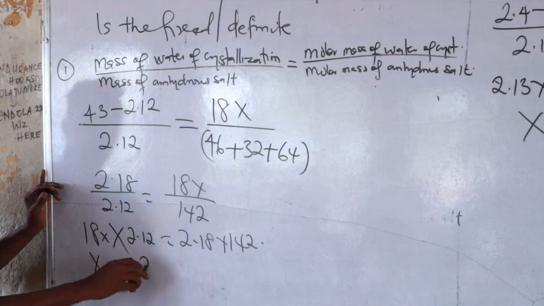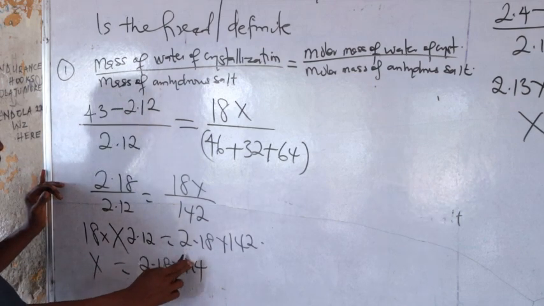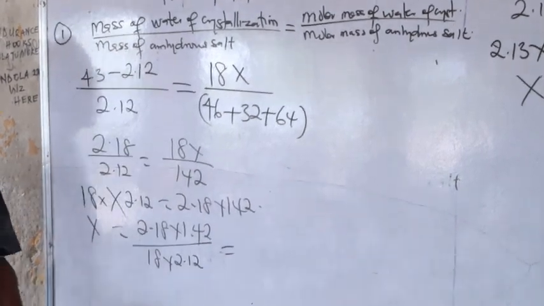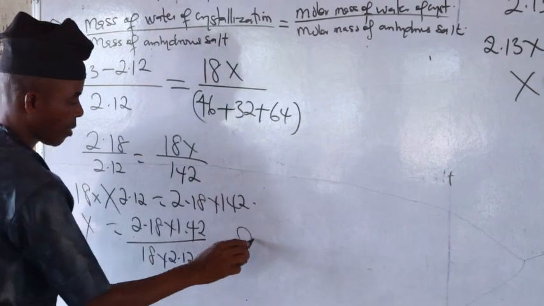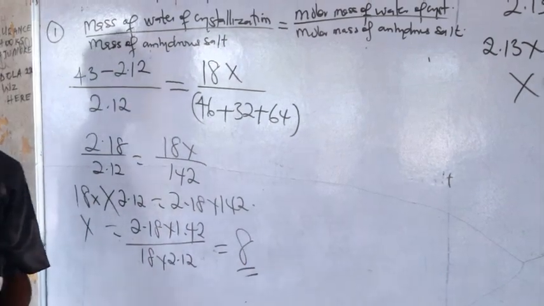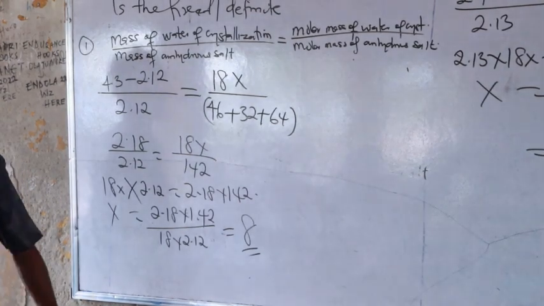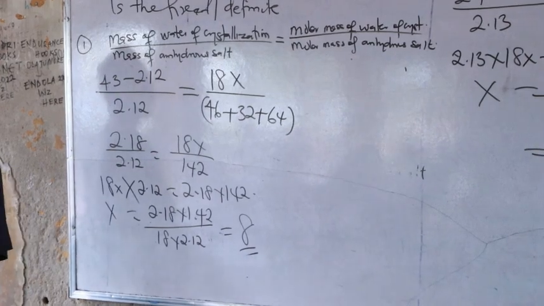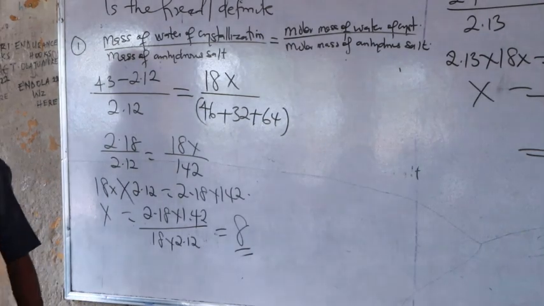Then x is equal to 2.18 times 142 over 18 times 2.12. If you press your calculator, what do you get for this? 8. Those of you that arrived at 7, where did you get it? And those that got 9, what happens to your answer? The correct answer there is 8.